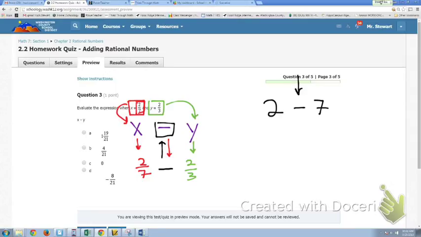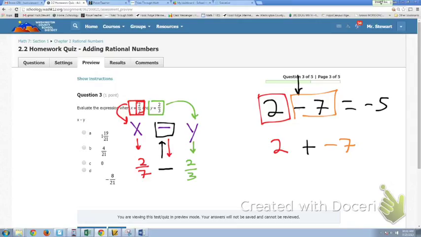So in a way, this is a term which becomes 2, and this is a term which is a -7, and you can add them together. In other words, 2 take away 7, which equals -5, is the same as 2 plus a -7, which also equals -5.